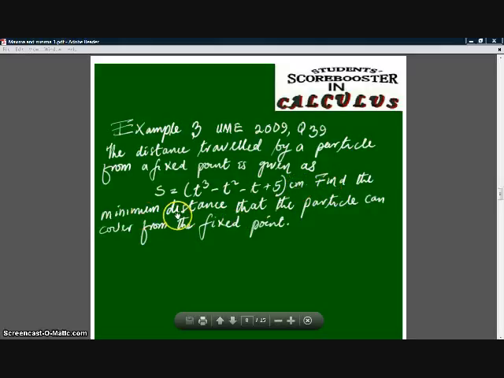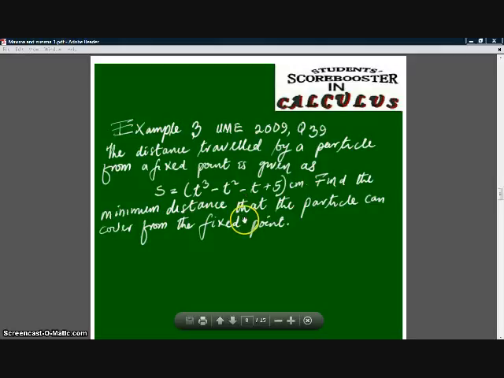Find the minimum distance that the particle can cover from the fixed point. So this is as if you are given y equals x cubed minus x squared minus x plus 5. It's just a change of symbols or letters.